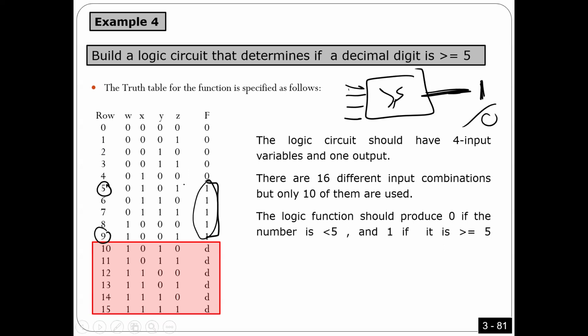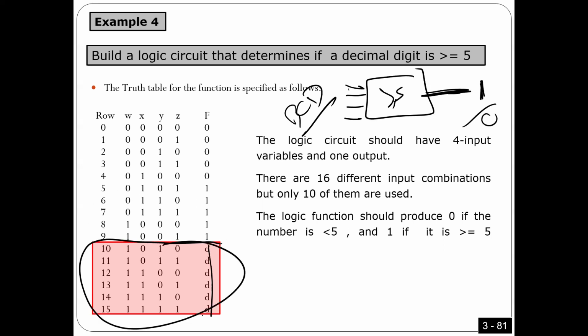One more thing here is the input has to be BCD. BCD input means it's a decimal number from 0 to 9. That is why here, from 10 to 15, I'm going to say don't care, because the input has to be BCD, from 0 to 9. Okay. So I will have a truth table like this one.